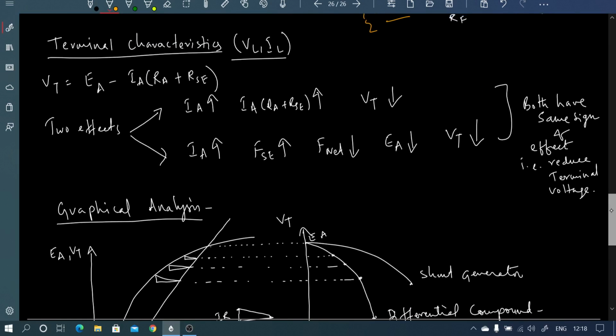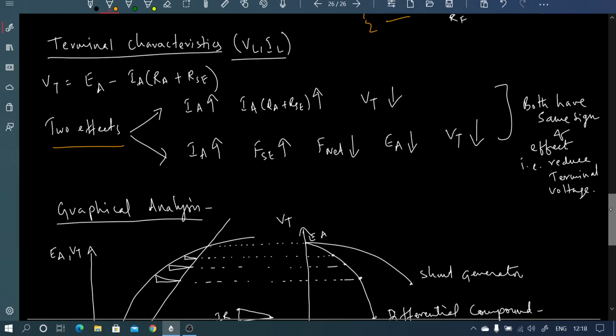Now the terminal voltage characteristics. Again in the case of differential compound there are two effects, but now these two effects have a similar effect, unlike in cumulative compound, where they are opposing each other. Initially one is aiding and the other one is opposing, but later the first one will be opposing and the second one will be aiding.